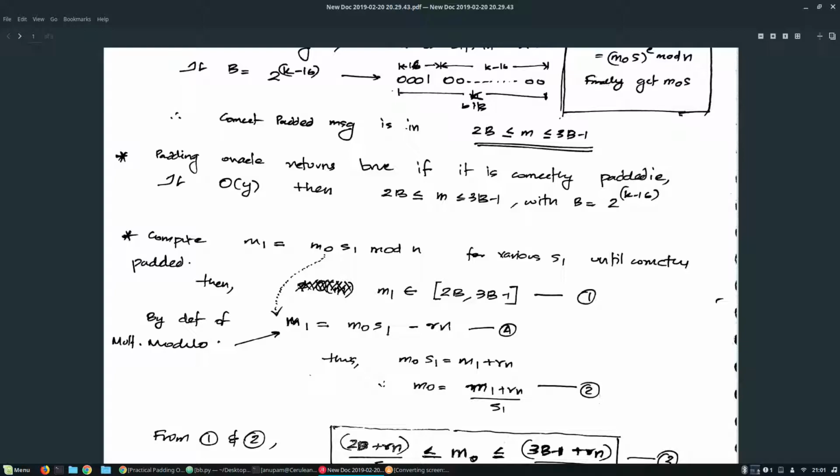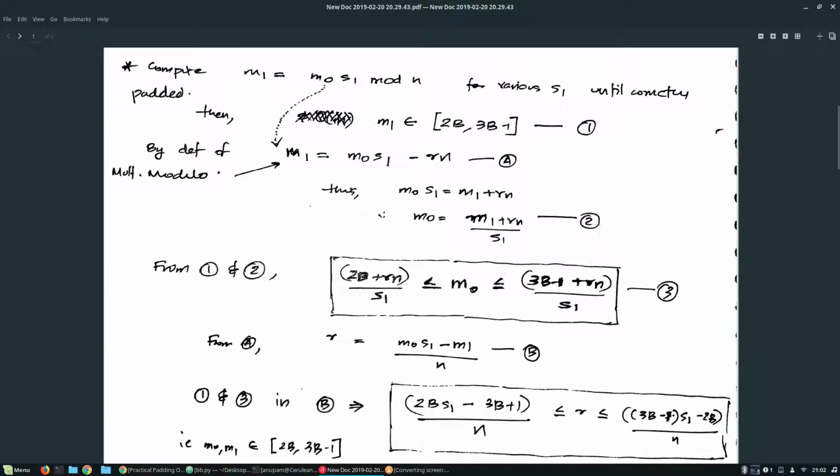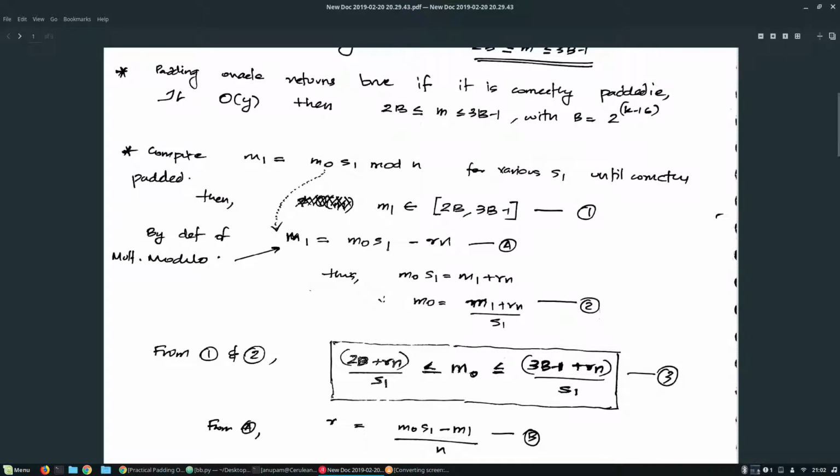And from the definition of modulus, we have m1 is equal to m0 into s1 minus rn. So r is a random number that we don't know right now, and n is our modulus. So now we basically know that m1 lies between 2b and 3b minus 1.